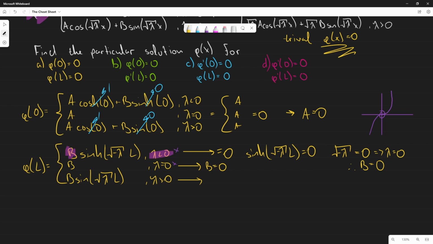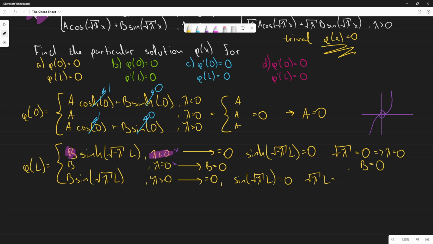So for this to equal 0, sine of square root of lambda times L must equal 0. So this means the square root of lambda times L must be equal to 0, or not 0.